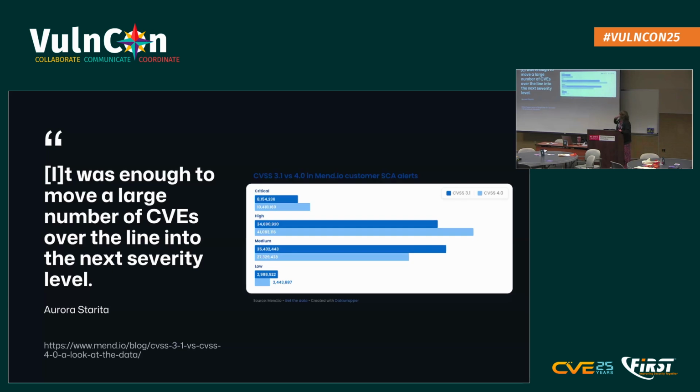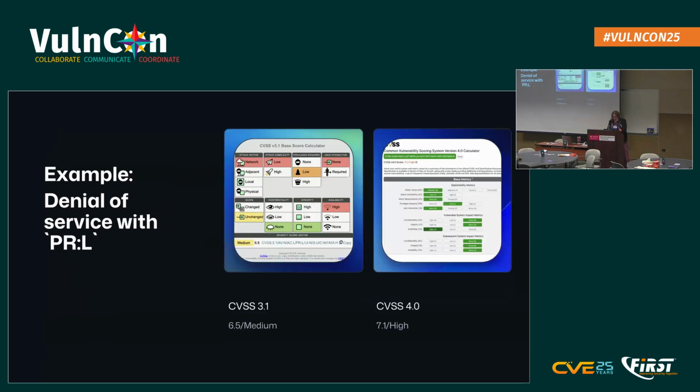You can see where there is a higher concentration toward the top in the light blue bars, and there is less of a concentration toward the top in the dark blue bars. There are those situations where the CVE gets bumped over into the next severity level. And it's possible to see this severity level bump happen with specific examples.